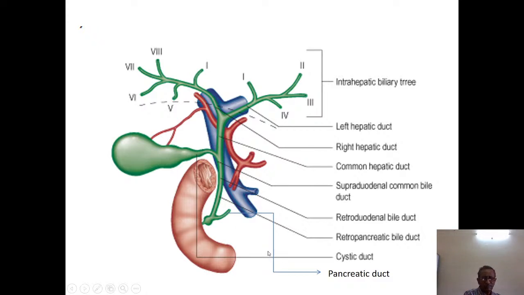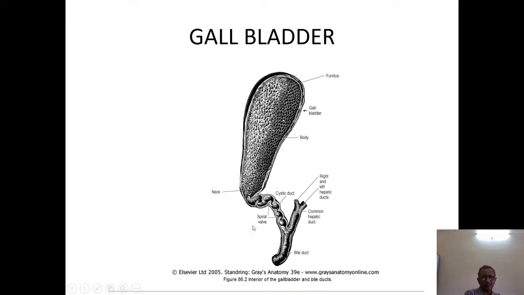This is the pancreatic duct that is being added to the common bile duct, forming the hepatopancreatic opening. Of course, this is the gallbladder, which shows the fundus, the body, and then the neck, then the cystic duct coming out of the gallbladder and joining the common hepatic duct, forming the bile duct.